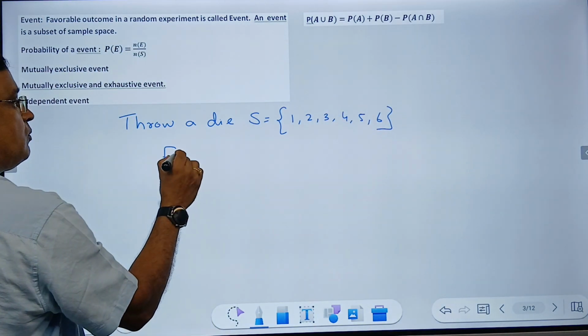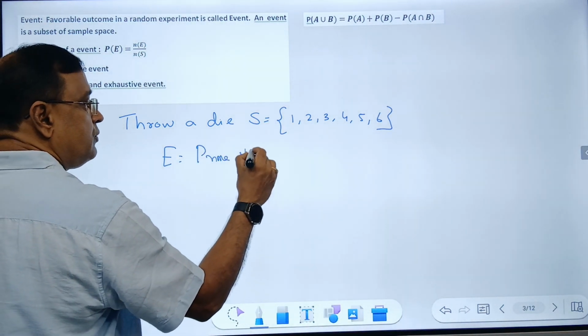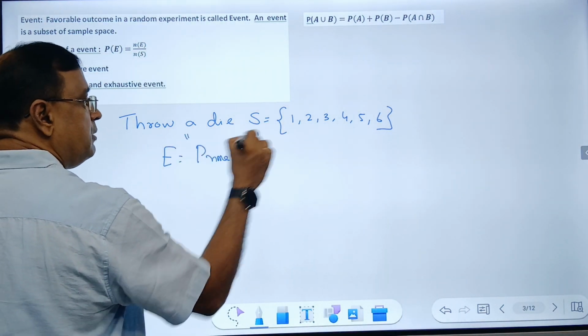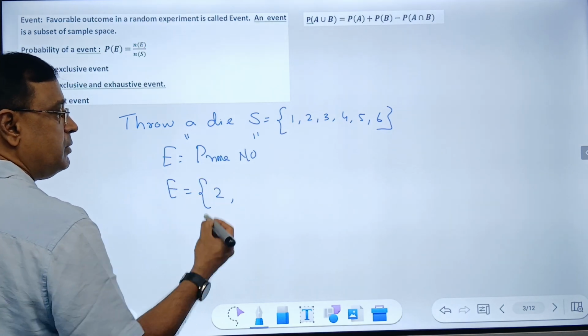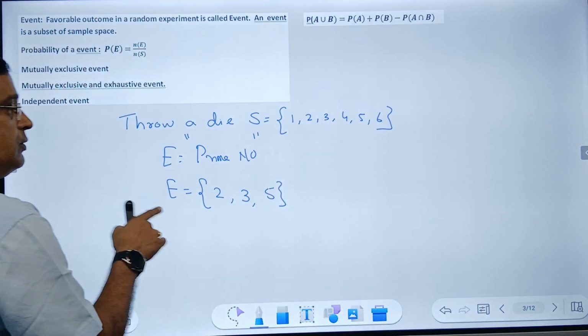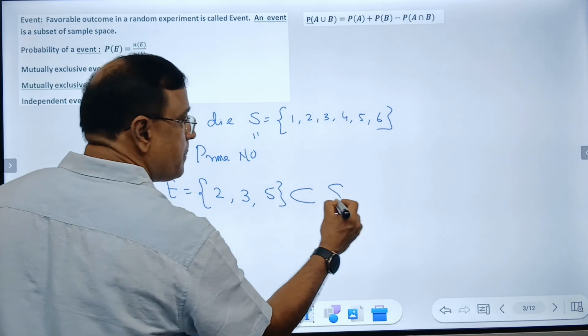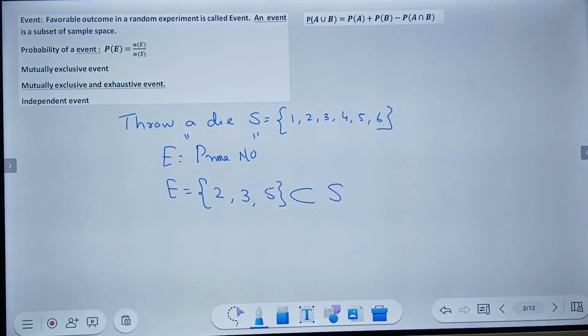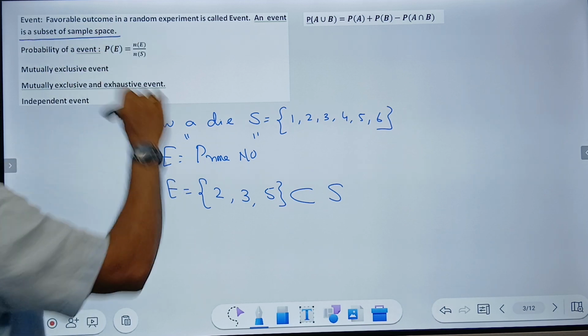Suppose I want to get only prime numbers. So what will be E? 2 is a prime number, 3 is a prime number, 5 is a prime number. So this is the event, and it is in the sample space. So an event is always a subset of the sample space.